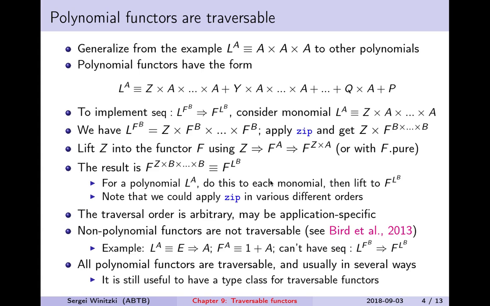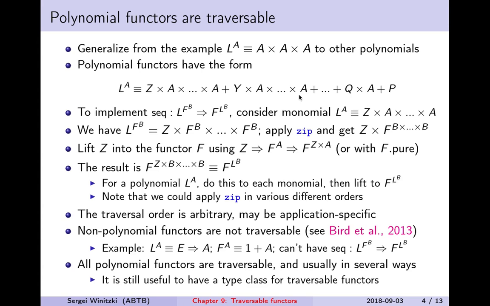So for now, let's see how we can implement the traverse or the sequence function for an arbitrary polynomial functor. So we have done it so far for this, and we have also done it for either, which is a simple polynomial functor. And a general polynomial functor would have this form. It's got a polynomial in A with some constant coefficients, which I here denoted as z, y, q, p.